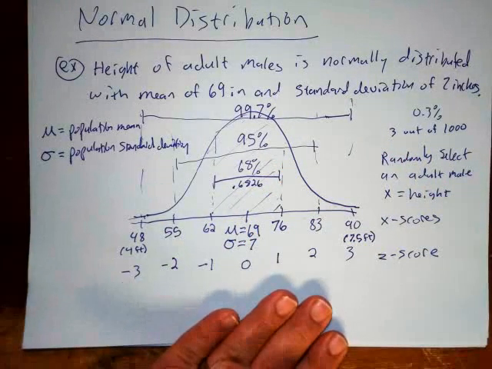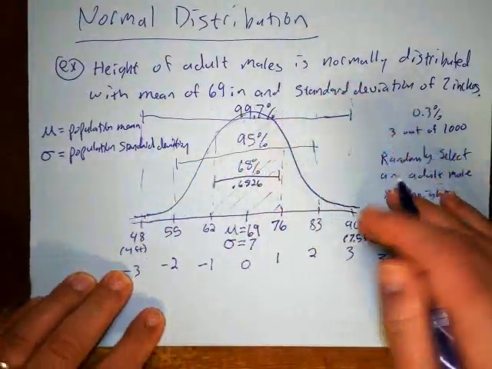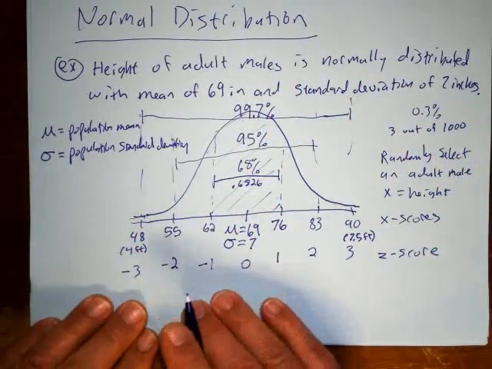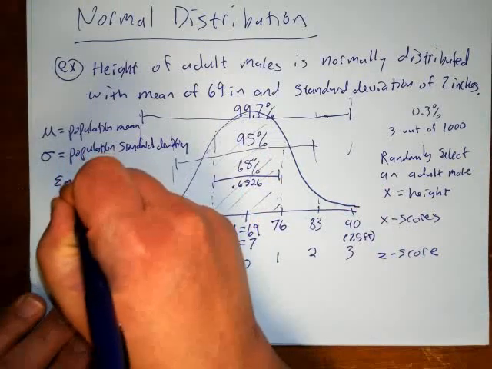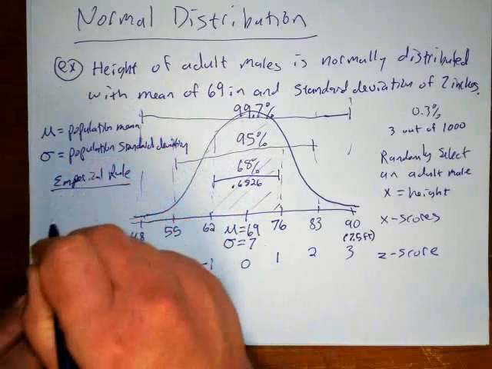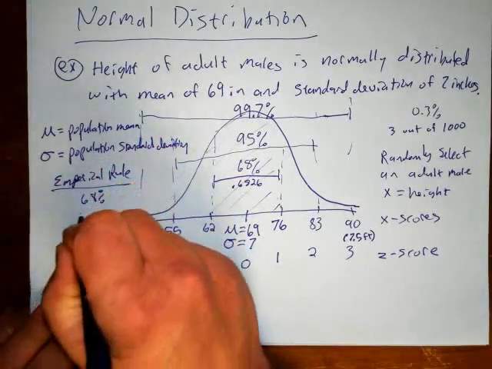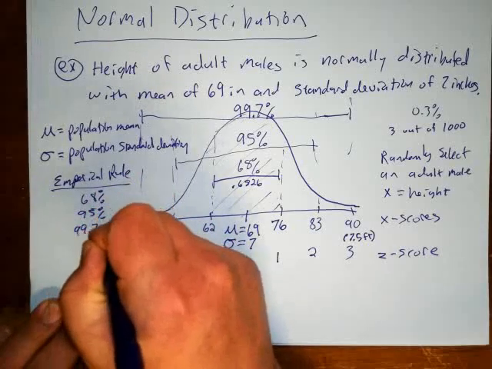Okay, and so the point of doing all of this is that every normal distribution has these same percentages underneath it. In fact, one thing I didn't mention earlier is that the empirical rule is actually the rule that says you're going to always get these percentages between 1, 2, and 3 standard deviations.